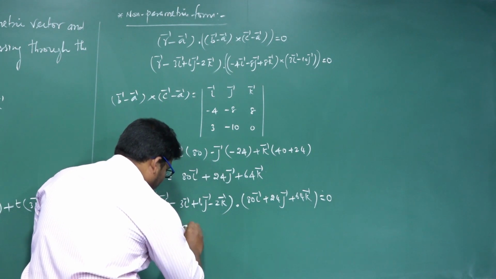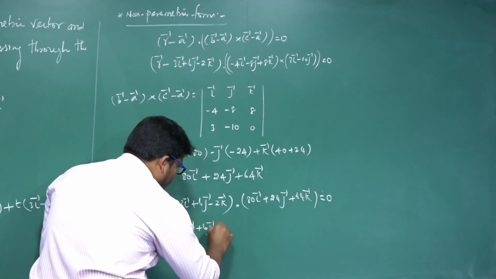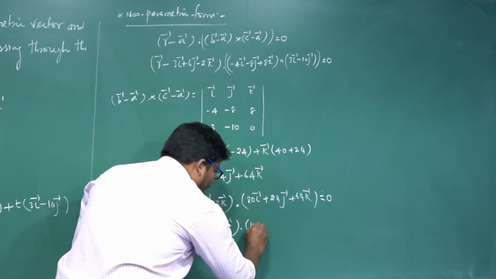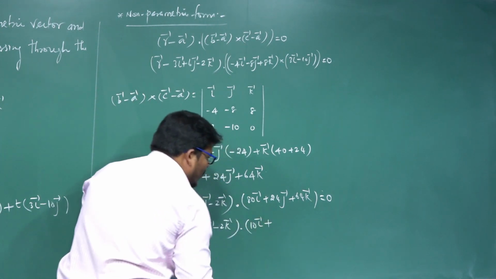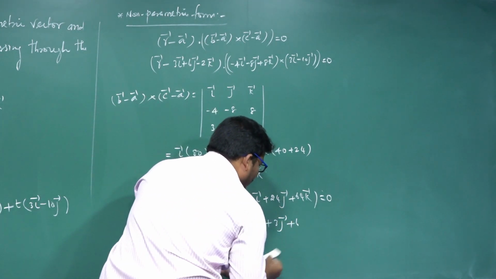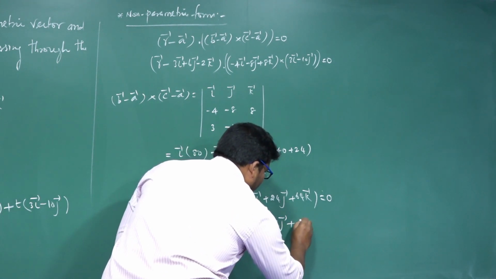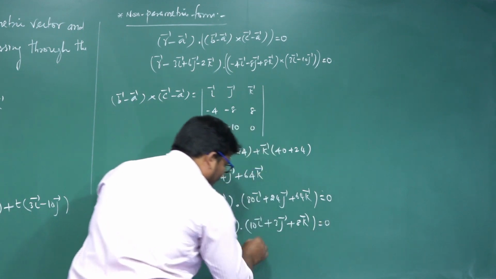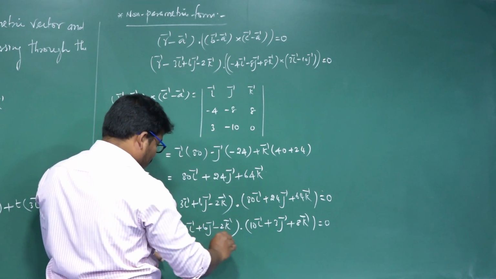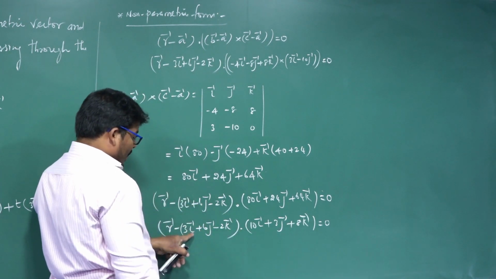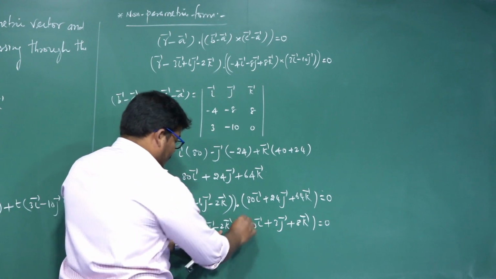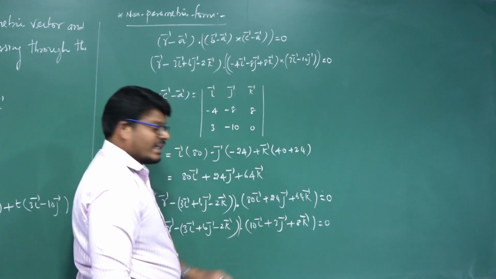This gives r vector minus 3i vector plus 6j vector minus 2k vector, dot, divided by 8: 80 divided by 8 is 10, 24 divided by 8 is 3, 64 divided by 8 is 8, so 10i vector plus 3j vector plus 8k vector equal to 0, since 0 divided by 8 is 0.